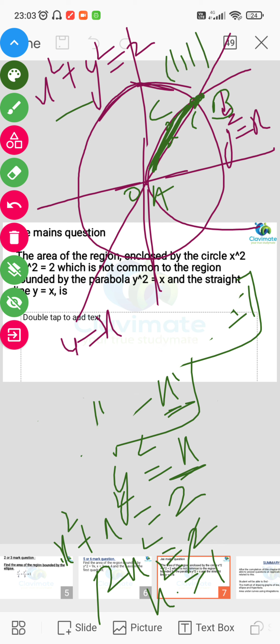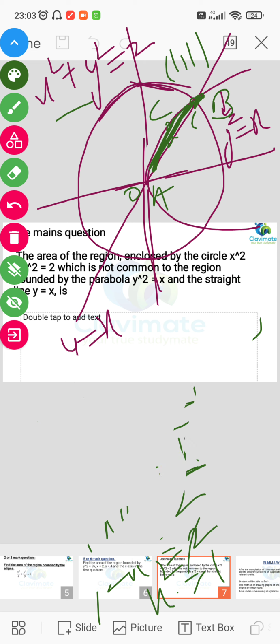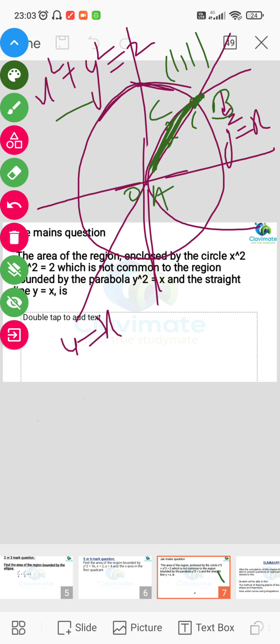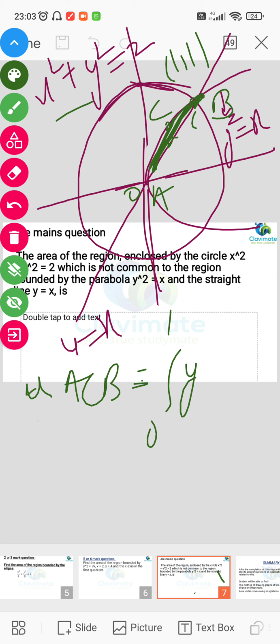Now let's start finding area. So area of the shaded region will be, we are finding the area of the shaded region. Area of ACB is equal to integral 0 to 1 y dx, right?